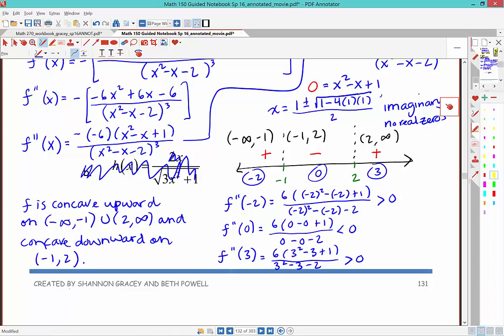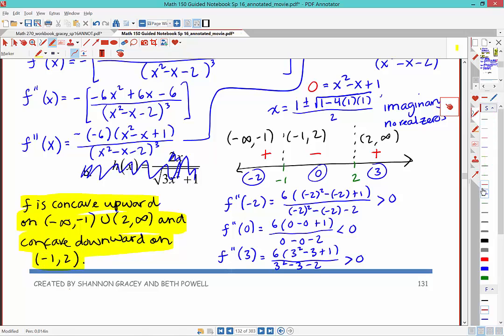So we're almost ready to start putting everything together. What about points of inflection? Good, there are no points of inflection.